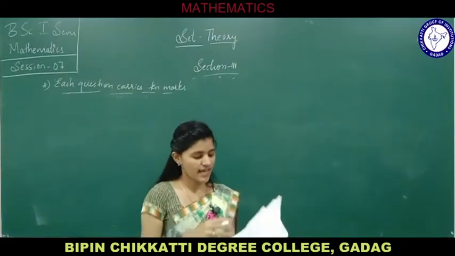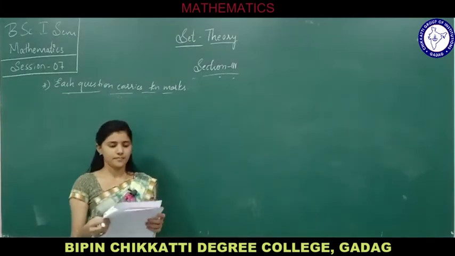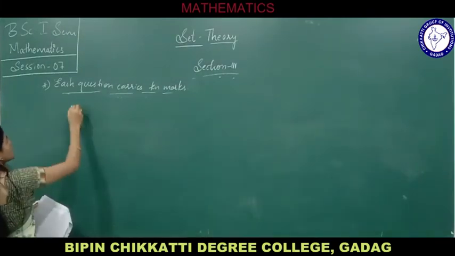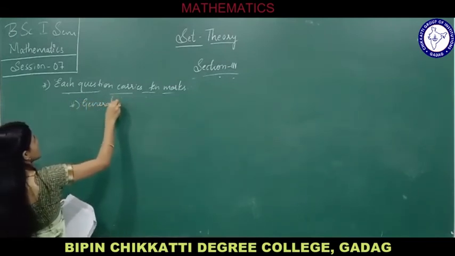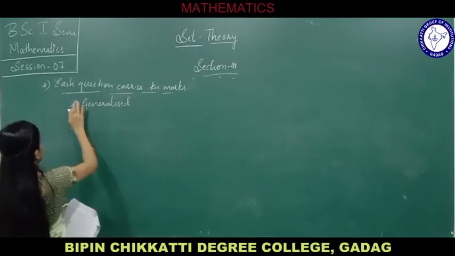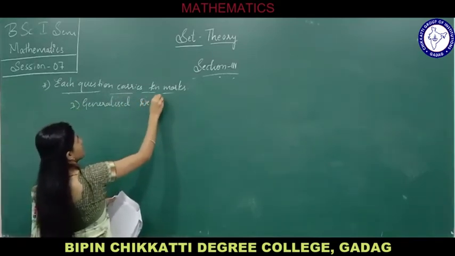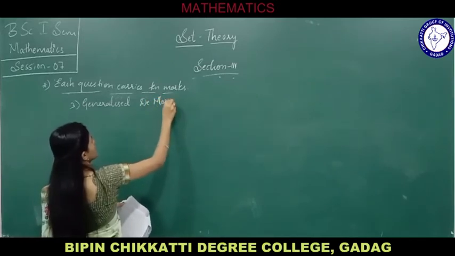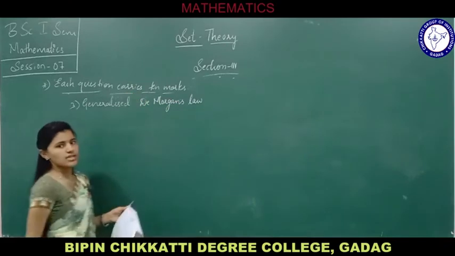See, we had the generalized De Morgan's law, right? What is it? This question will be asked for 10 marks. It is the generalized, or third, question, right? Generalized De Morgan's law. What is it?